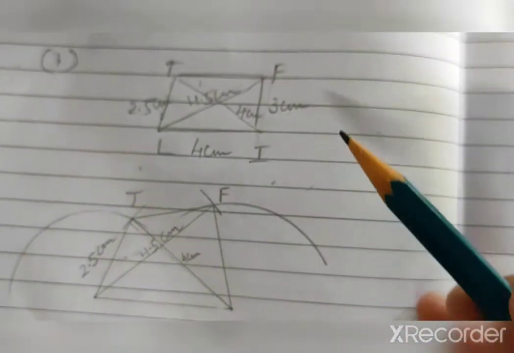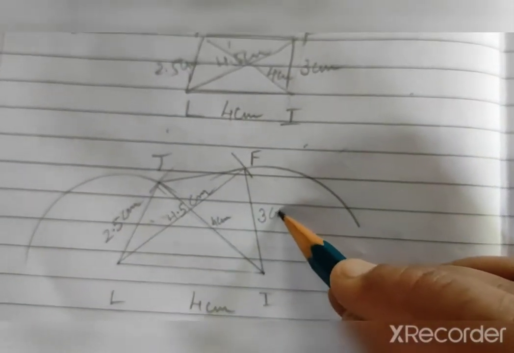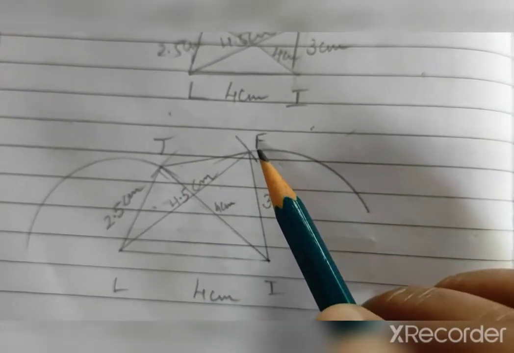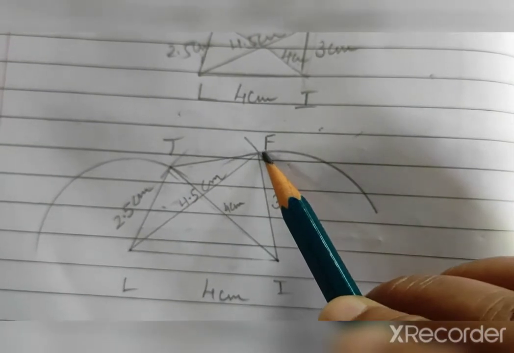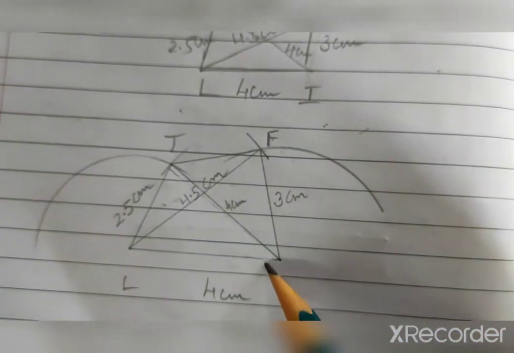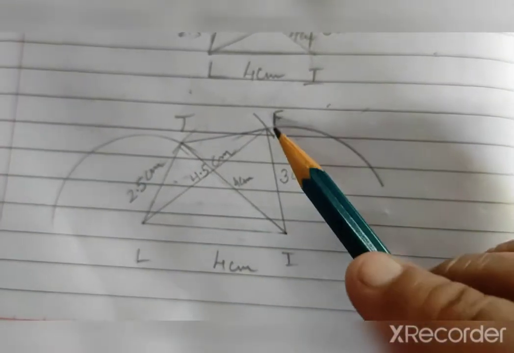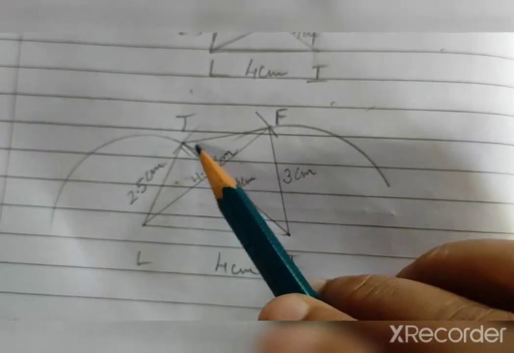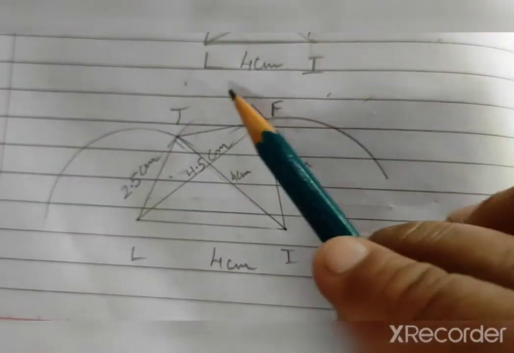Now with I as a center and radius 3 centimeter, I have drawn an arc. The intersecting point I have given the name F. Now join L to F and I to F. Now you are getting intersecting points in both places. Join these, and your quadrilateral is constructed.